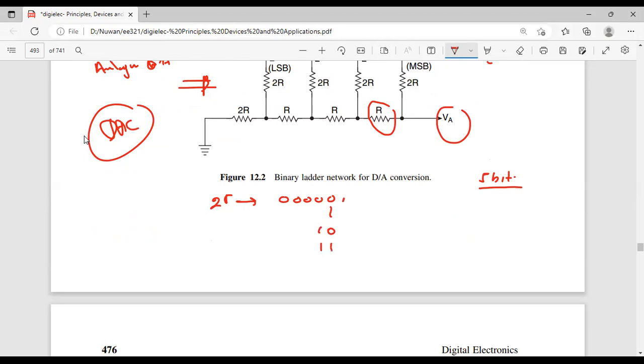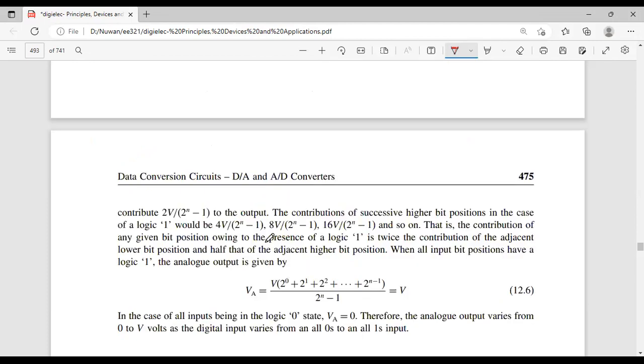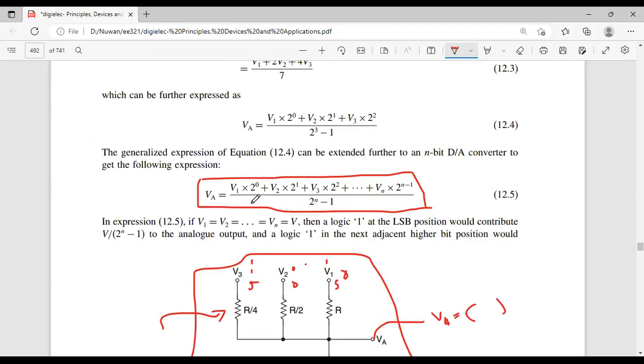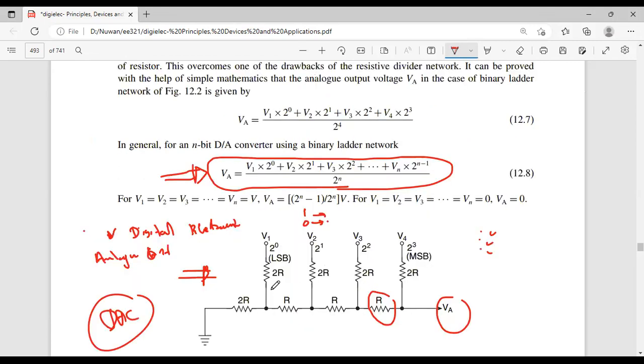For the 32 combinations, you have to find the respective voltage. Easily you can use this equation, maybe this one, or this one. It is based on the implementation. There are other types of configurations also.